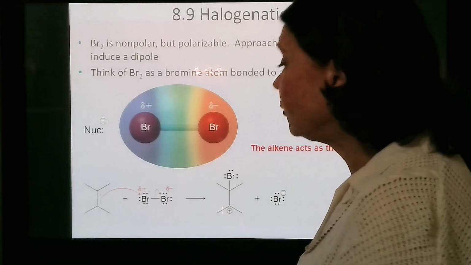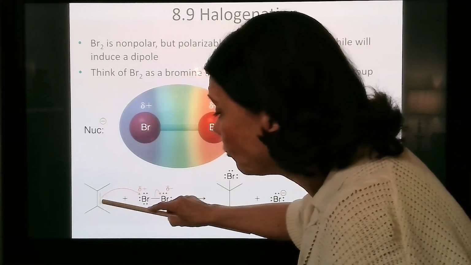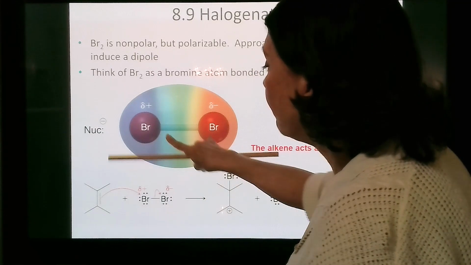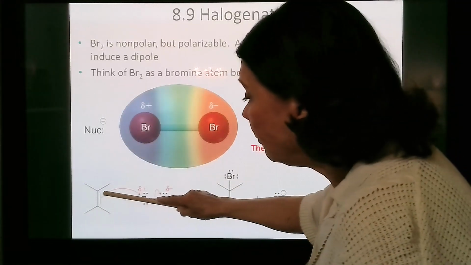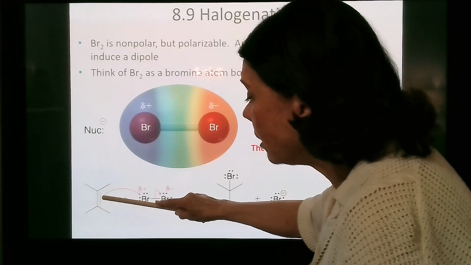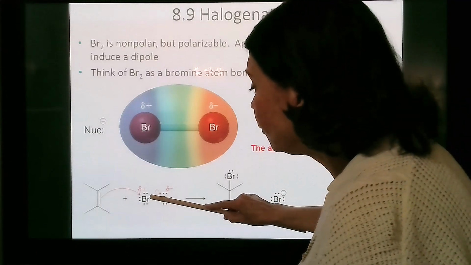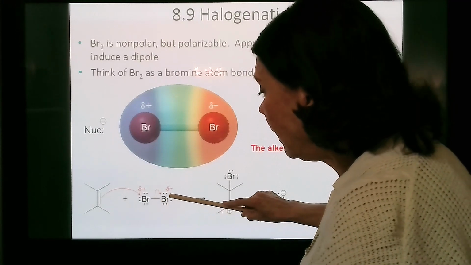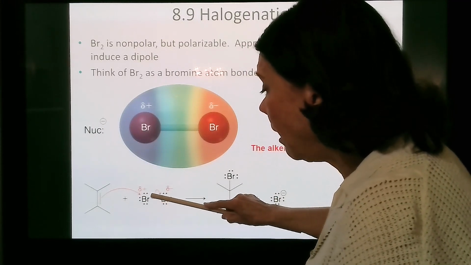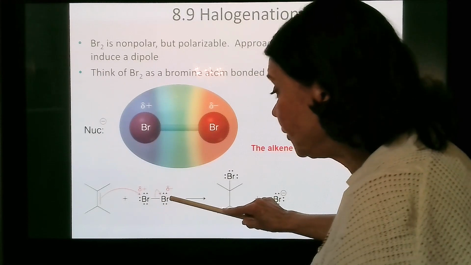What happens is this is electron rich, and as the Br2 comes in, you have a high electron density, and so the electron density in the bromine-bromine bond moves to this end of the molecule.